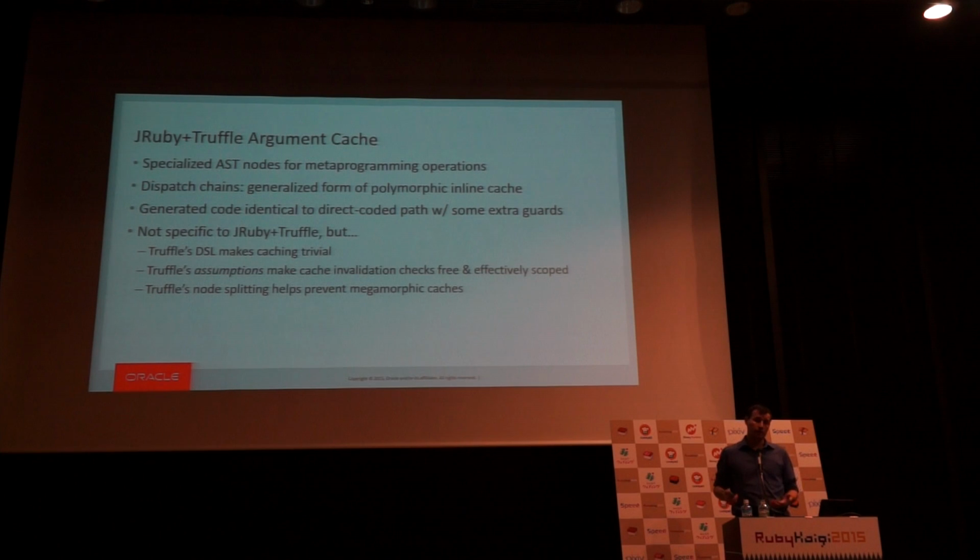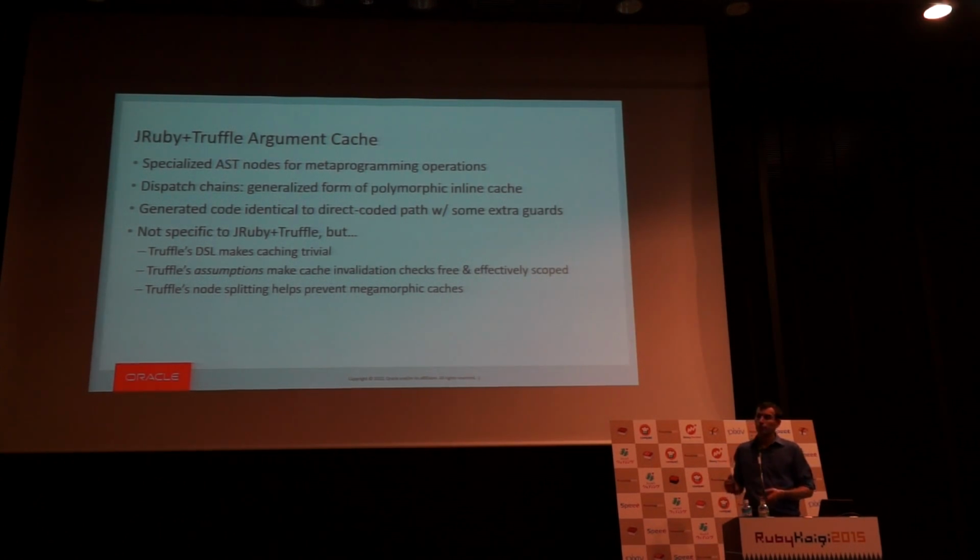If the check is invalidated, de-optimization is a very heavy process, but we just can jump back into the interpreter and rerun everything. And then the final aspect here that Truffle really helps us with is method sharing.